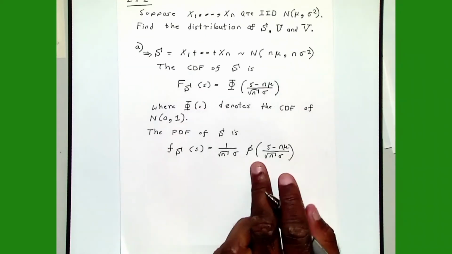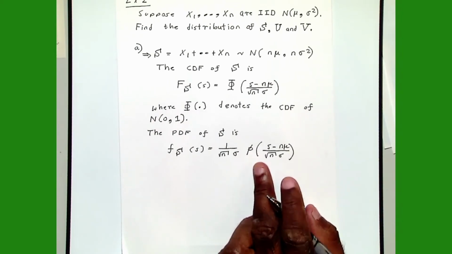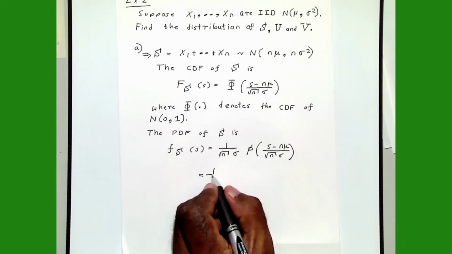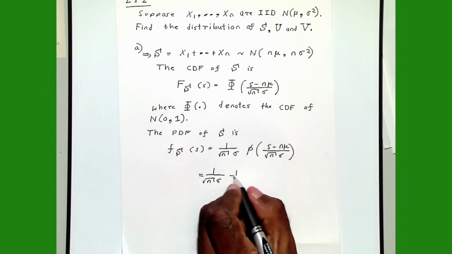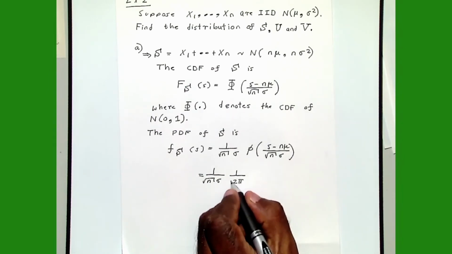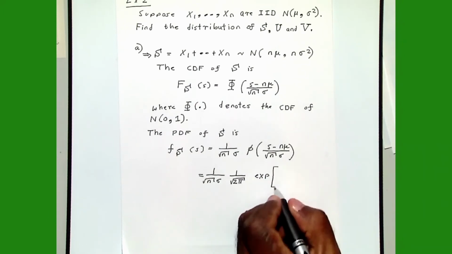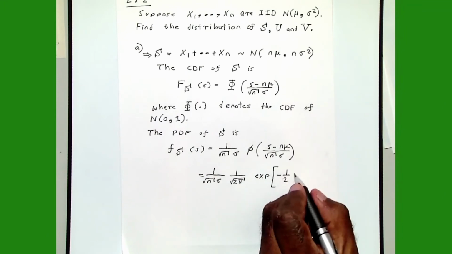Right. Here little phi denotes the PDF of the standard normal random variable. In other words, it's equal to one over root of 2 pi times exponential minus a half of the square of that.